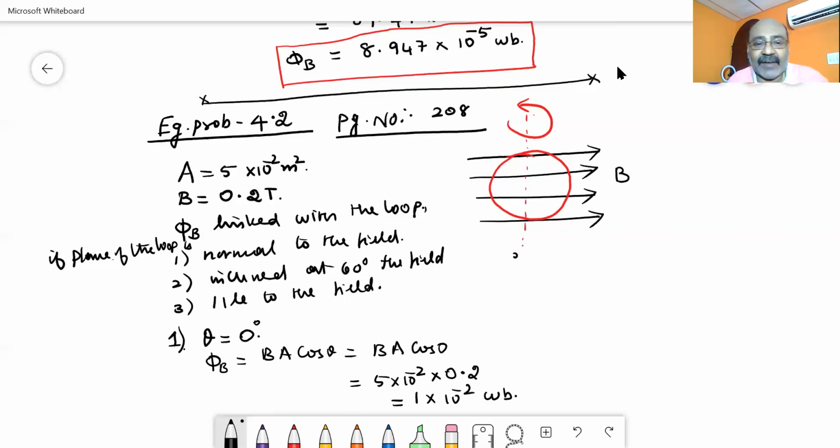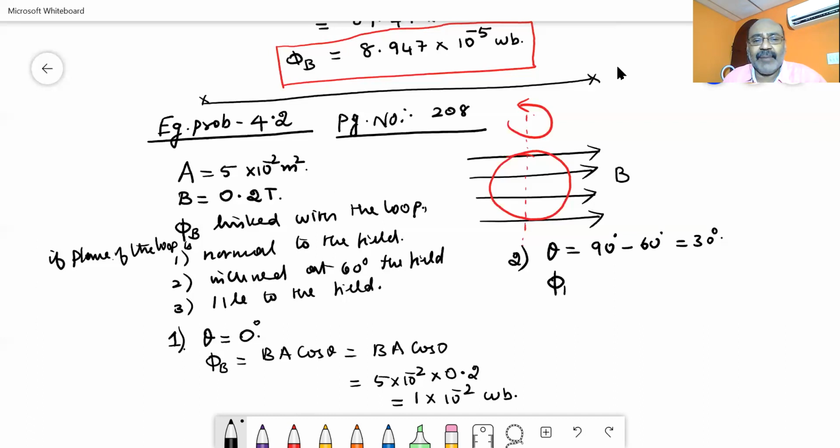What is the second one asked? Inclined at 60 degrees to the field. So theta is 90 minus 60, which is 30 degrees, because the plane of the loop is inclined at an angle of 60. If the plane is inclined, then the normal drawn and the magnetic field will be at an angle of 90 minus 60, which is 30.